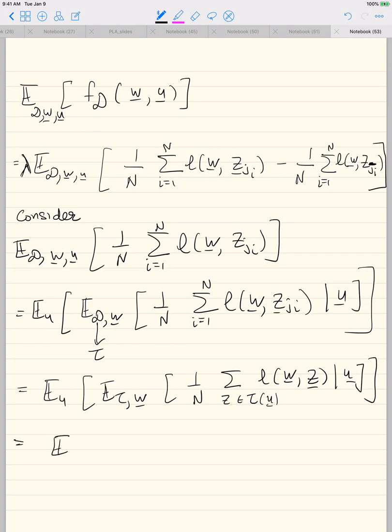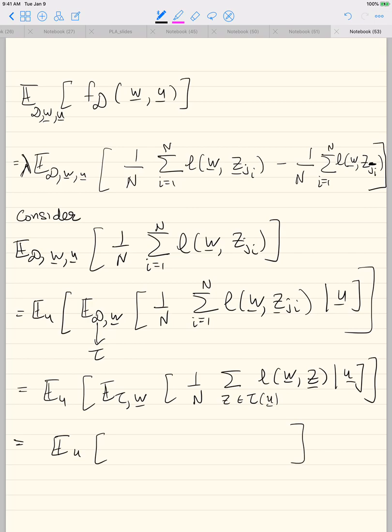Now let's look at this inner expectation. Tau, regardless of u, has a distribution that it is sampled IID according to some P_Z. You're taking the average of the training error over this set tau.